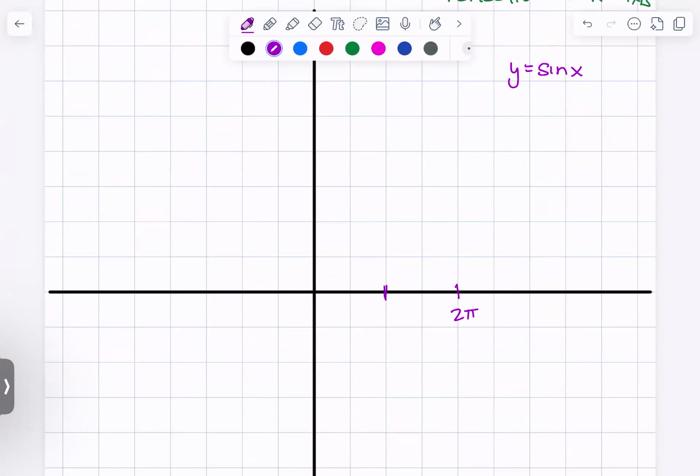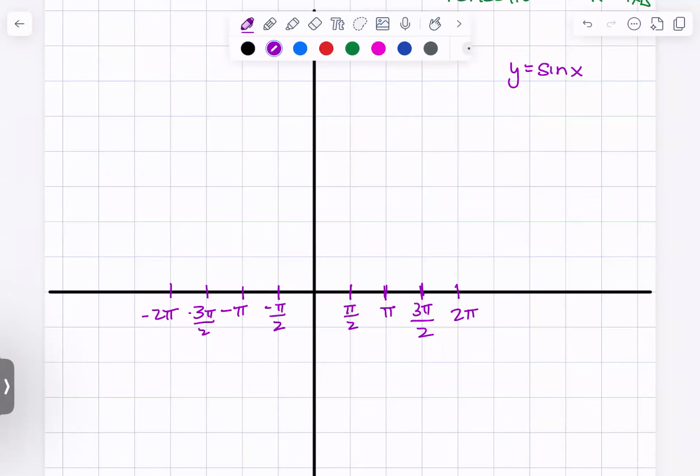Halfway between 0 and 2 pi is pi. Halfway between 0 and pi is pi over 2. So pi over 2, pi, 2 pi over 2, this would be 3 pi over 2. Going negative, this would be negative 2 pi. Halfway there would be negative pi. Halfway between that would be negative pi over 2. And the last one would be negative 3 pi over 2, right?